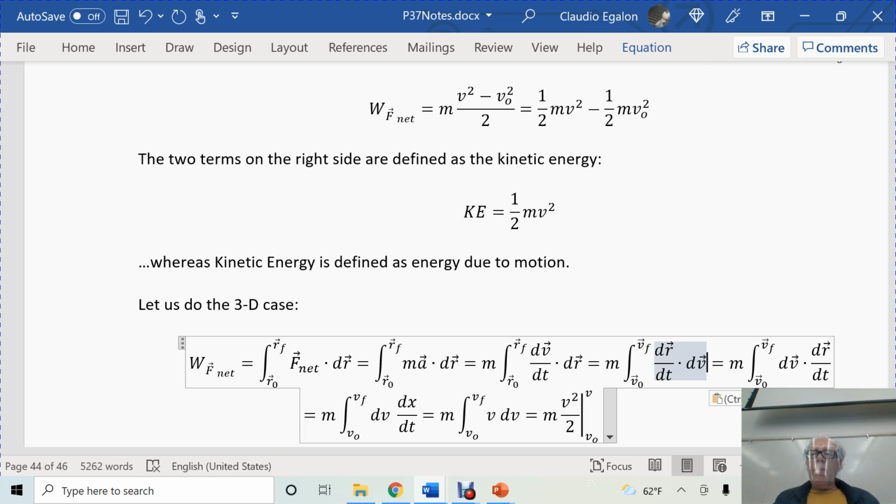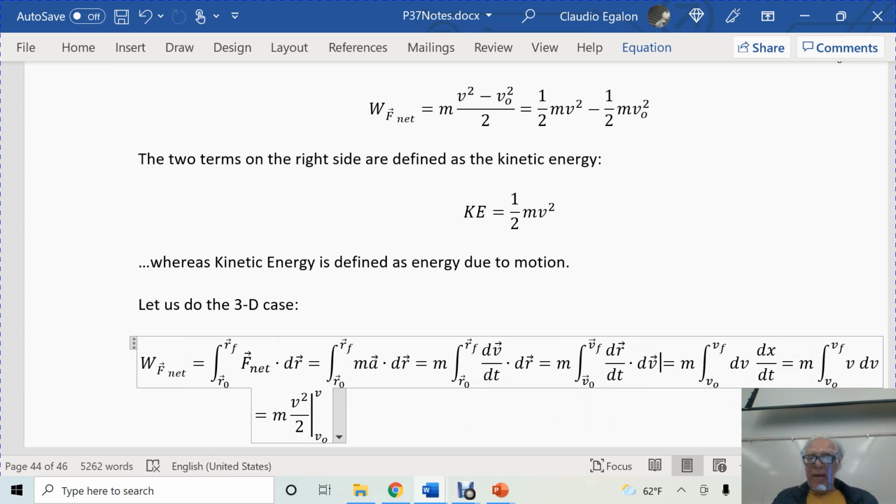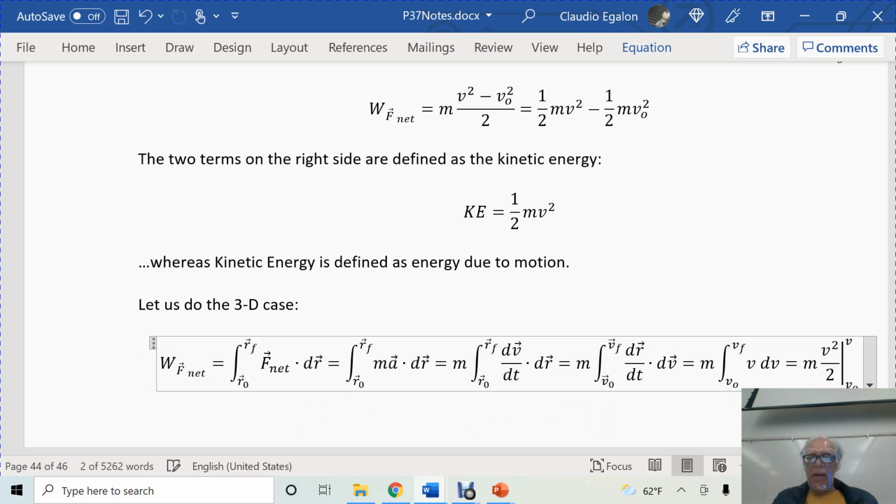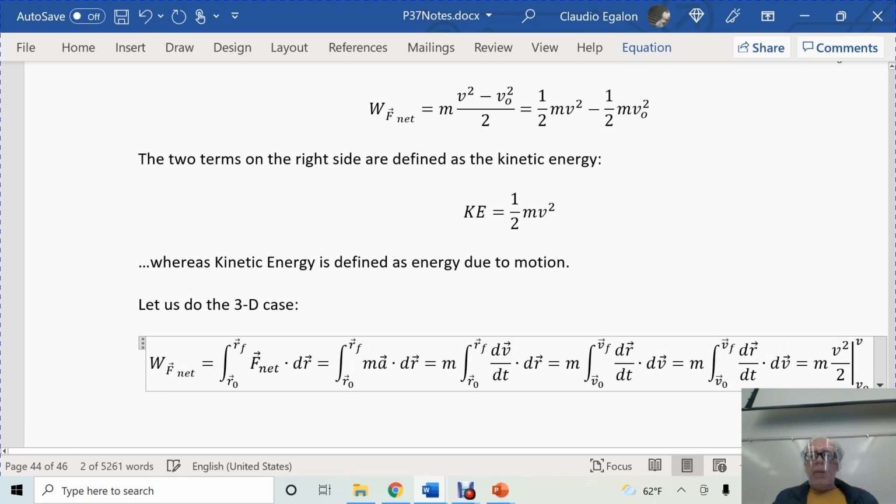And then, what else? What's the next magic here? It's gonna be a little bit different because we have that dot product that I didn't resolve. If you want, you can break down this dot product in x, y, and z components.